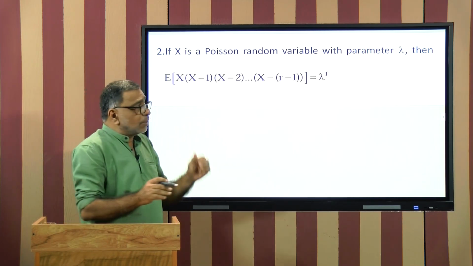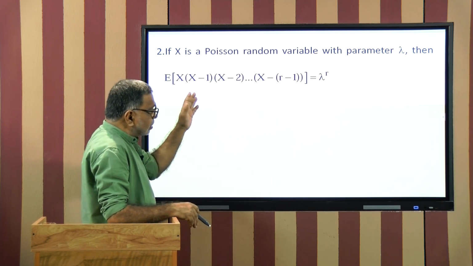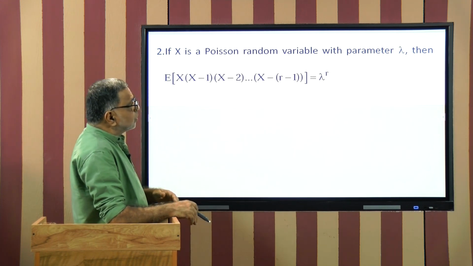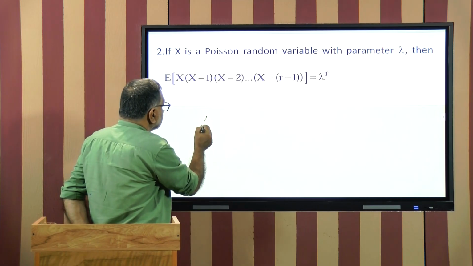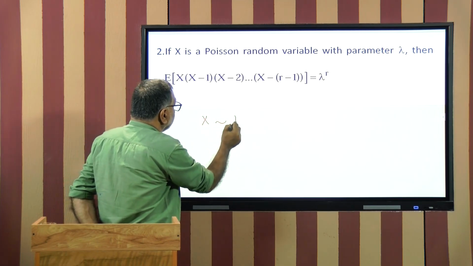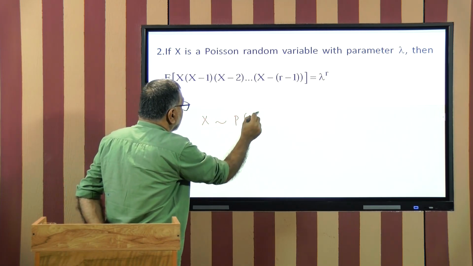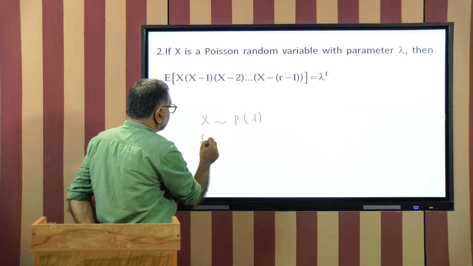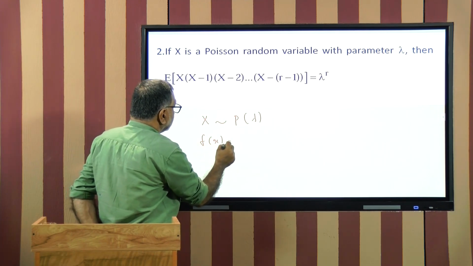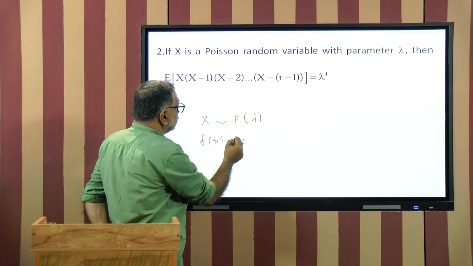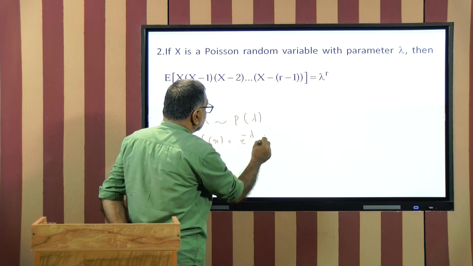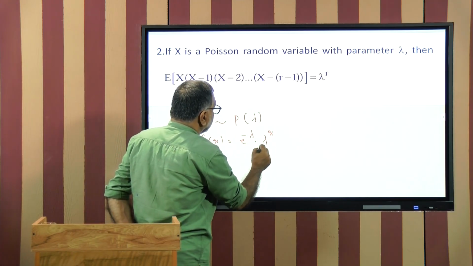And what is the factorial moment of the Poisson random variable here? Suppose x is a Poisson random variable with the parameter λ, our f(x) is equal to e^(-λ) λ^x divided by x factorial.